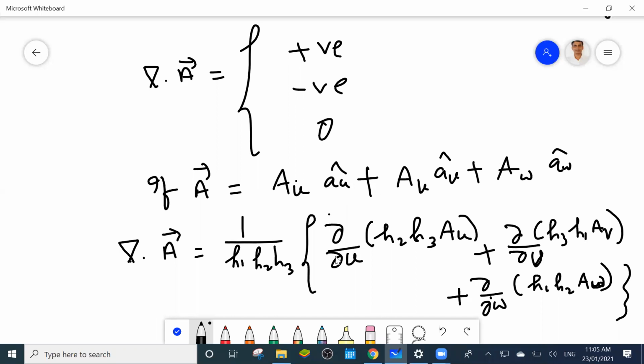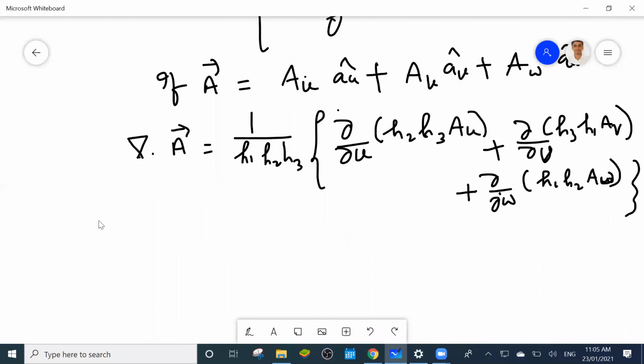If you want to write this in Cartesian coordinate system, what is the value of divergence of A in Cartesian coordinates? This is a vector and this is also a vector, dot product.